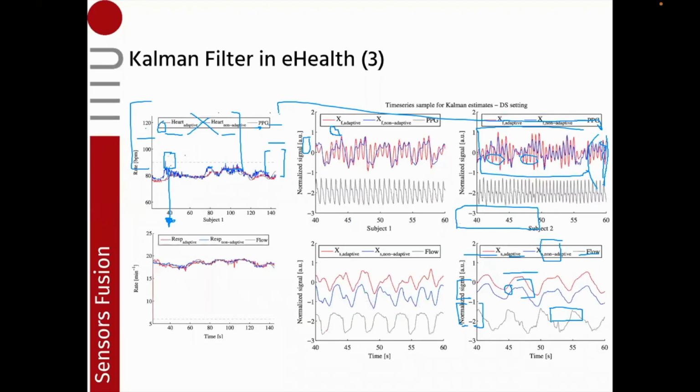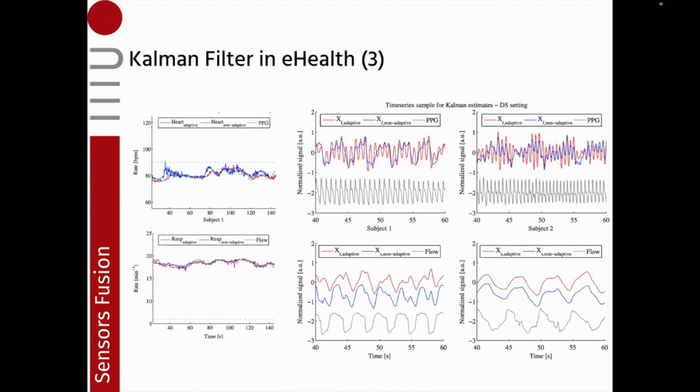Okay, this is the output of our Kalman filter. Here we have the estimated heart rate in time, and here we have the respiratory rate in time. We didn't mention that this paper also has some ground truth, which is represented by a PPG sensor for the heart signal and a flow respiratory sensor for the respiratory signal.